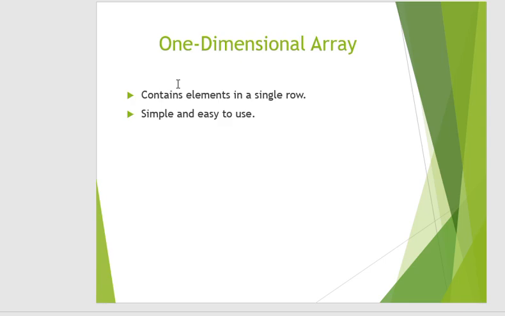When we talk about the performance, Python lists are slower for numerical operations, while NumPy arrays are faster and optimized for calculation. Memory usage: Python list uses more memory, while NumPy uses less memory.